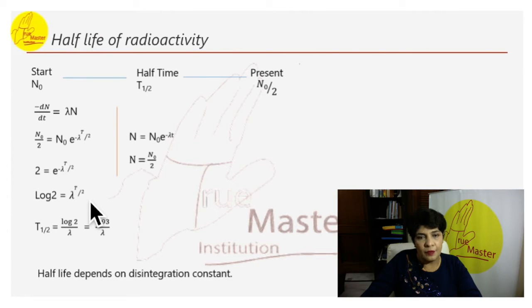So t half equals log 2 by lambda. The value of log 2 is 0.693 as per the log table. So 0.693 divided by lambda gives the half-life of the radioactive substance. So half-life depends on the disintegration constant.